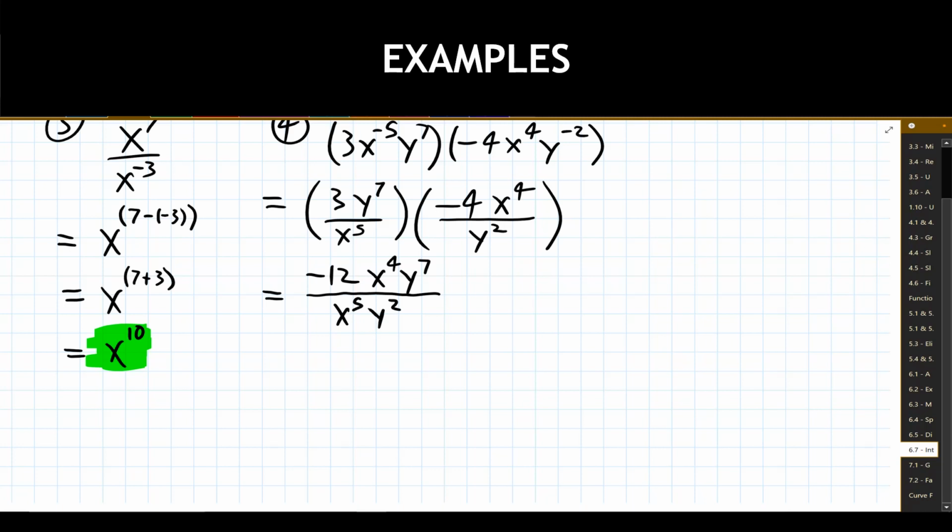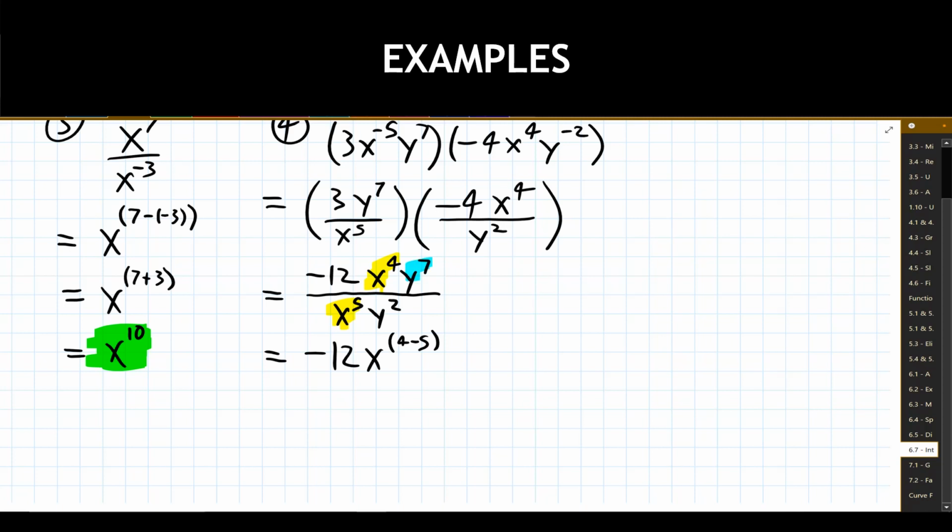And now I'm noticing, okay, I have an x variable in the numerator and the denominator spot. I also have a y variable in the numerator and the denominator spot. So I can deal with those individually. Dealing with the x's, that's the quotient rule: negative 12 times x to the 4 minus 5 power.